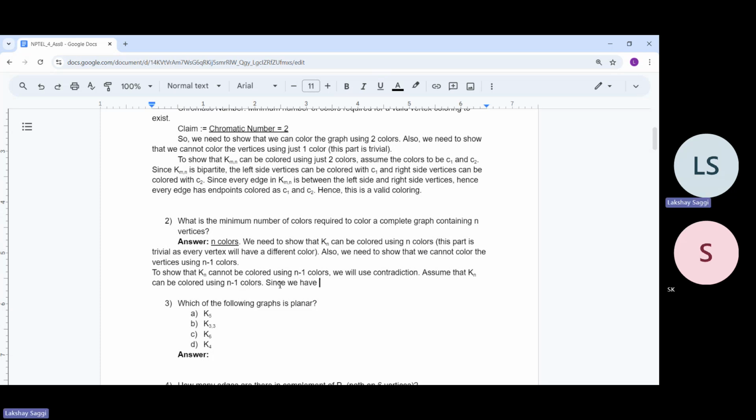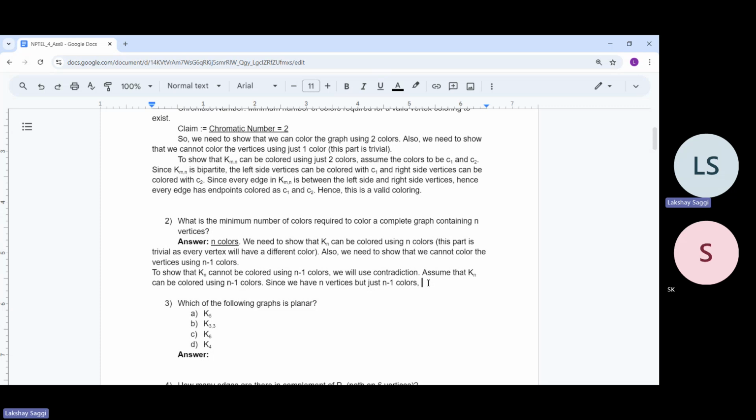Since we have n vertices but just n minus 1 colors, by the pigeonhole principle, you can think of it like having n pigeons but only n minus 1 holes. So at least 2 pigeons will occupy 1 pigeonhole; there will exist 2 pigeons occupying the same pigeonhole.